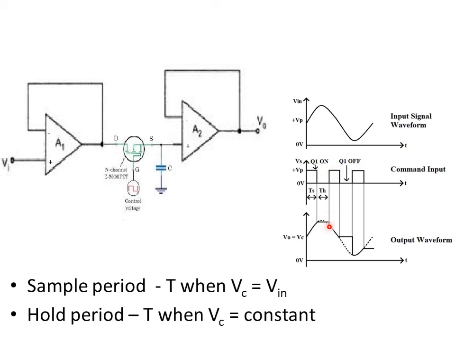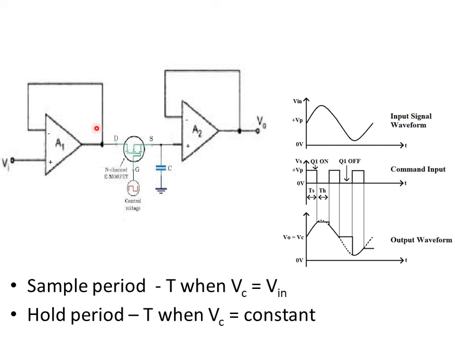Once VC is turned on, the MOSFET is turned on, and whatever is the input will come across the capacitor to charge it. So whenever VC is high, the input comes across to the output, and whenever VC is off, the capacitor holds on to the value.